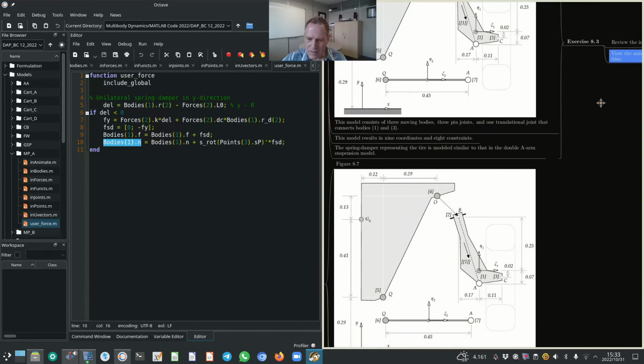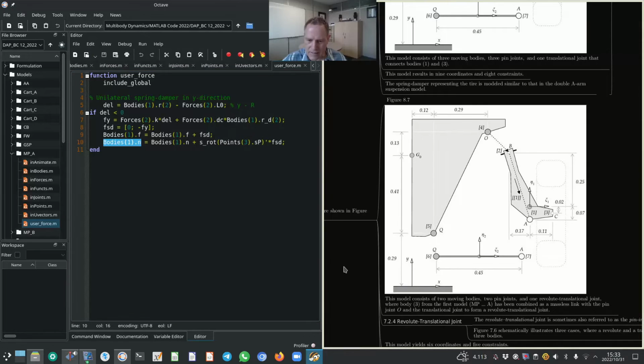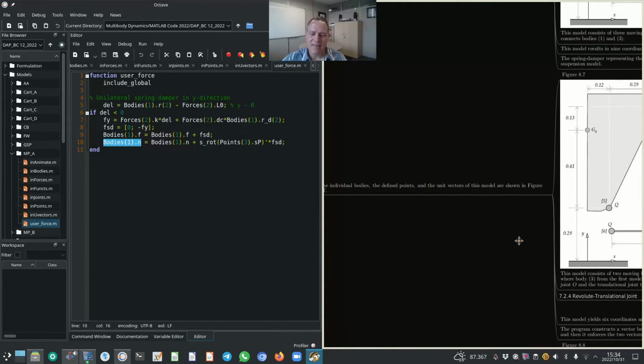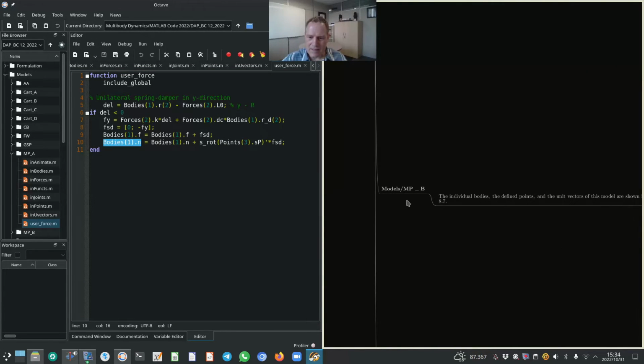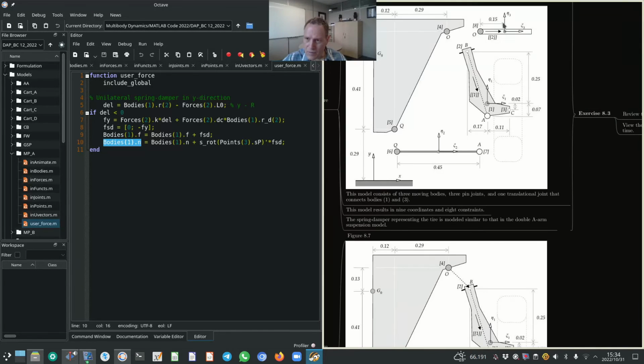I quickly want to have a look at the second McPherson suspension model, this MPB, where we now replace body 3 of MP_A. We replaced that with a revolute translational joint, if you remember.